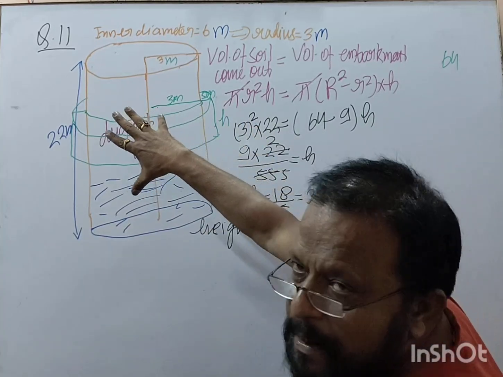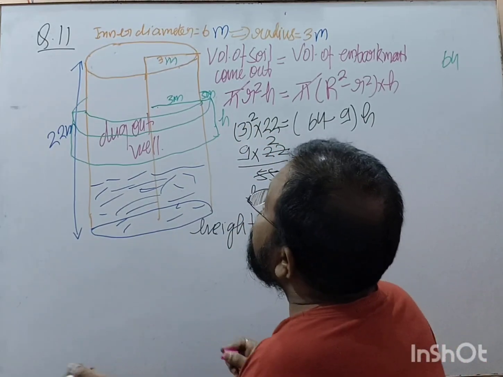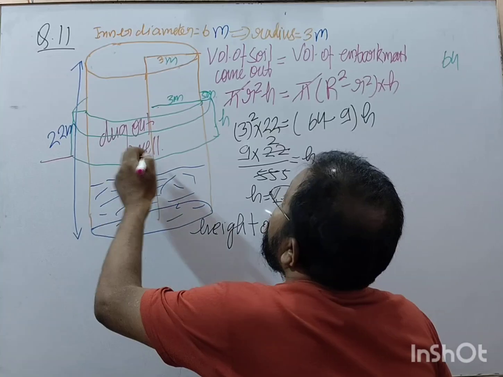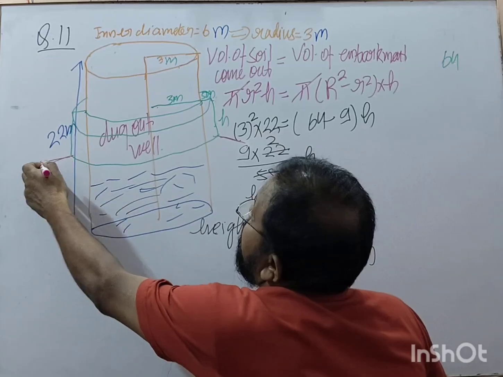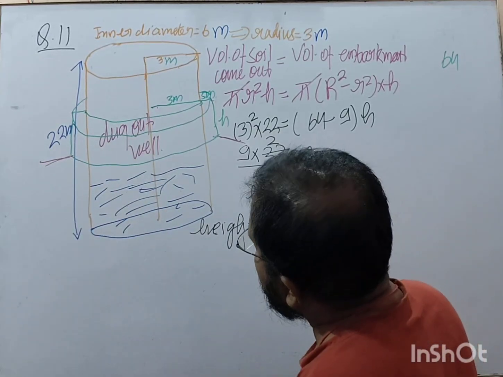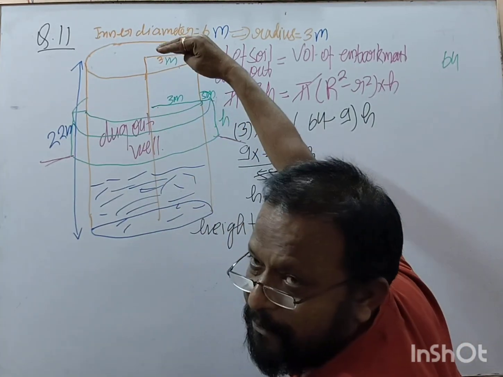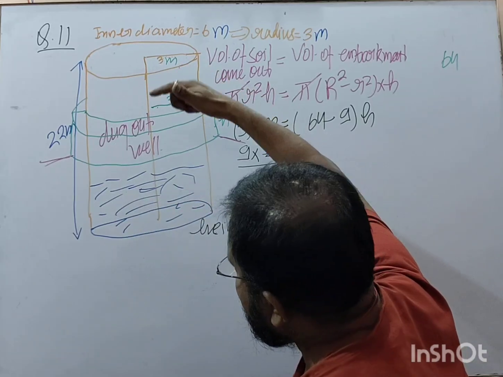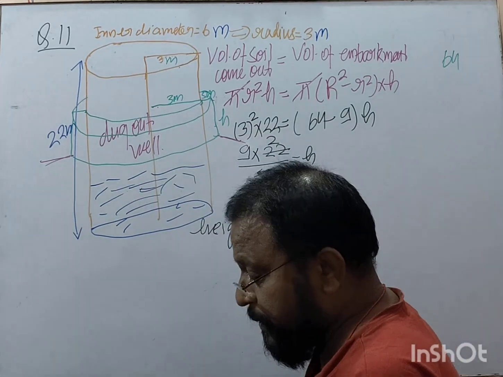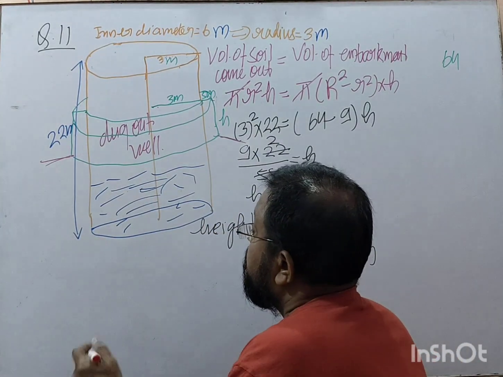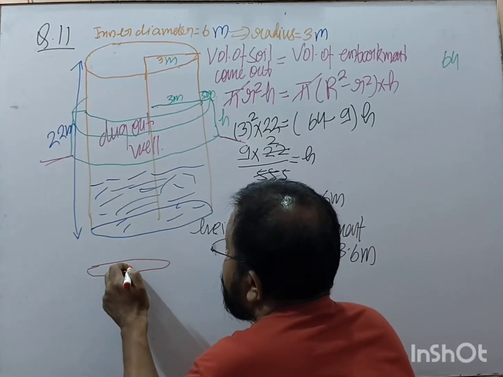So do you understand? This is the embankment, which is at ground level. The well should be like this, like this. I did that question, so I won't make the diagram again.